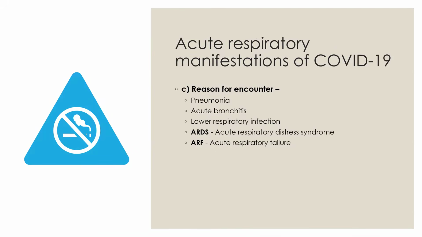For acute respiratory manifestations of COVID-19, you will code U07.1 for COVID-19 as the principal first listed diagnosis, followed by the respiratory manifestation. So we have a few examples here: pneumonia, you're going to use U07.1 followed by J12.82.